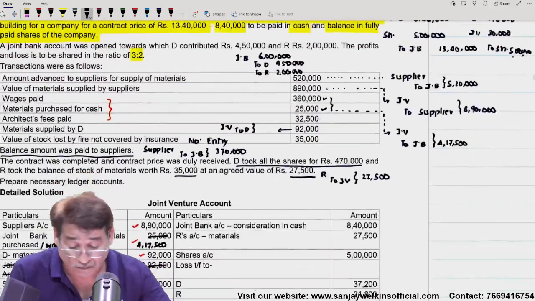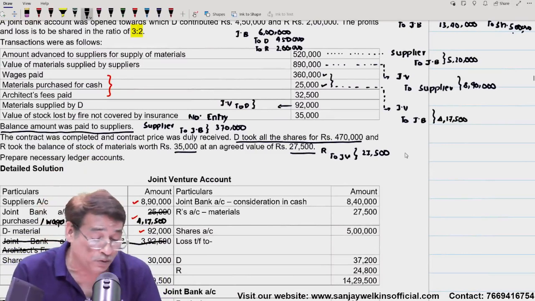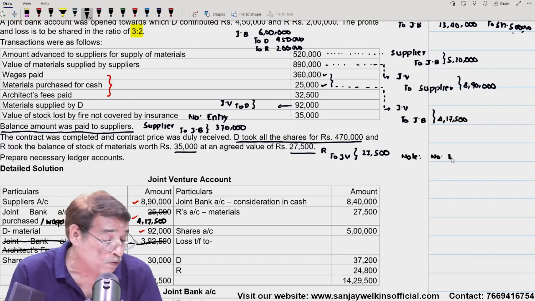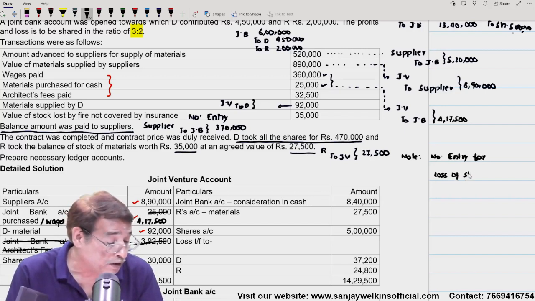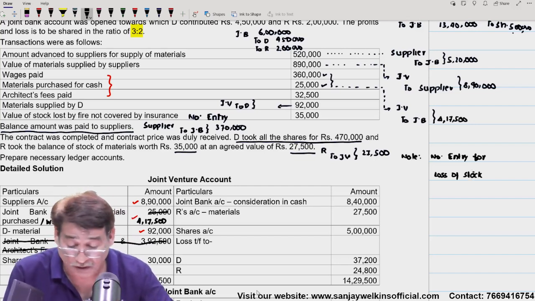After this, it is given value of material. You will write in the note that no entry for loss of stock. Why? Because it is a short co-ventureship and it will come to an end immediately once the task is over.